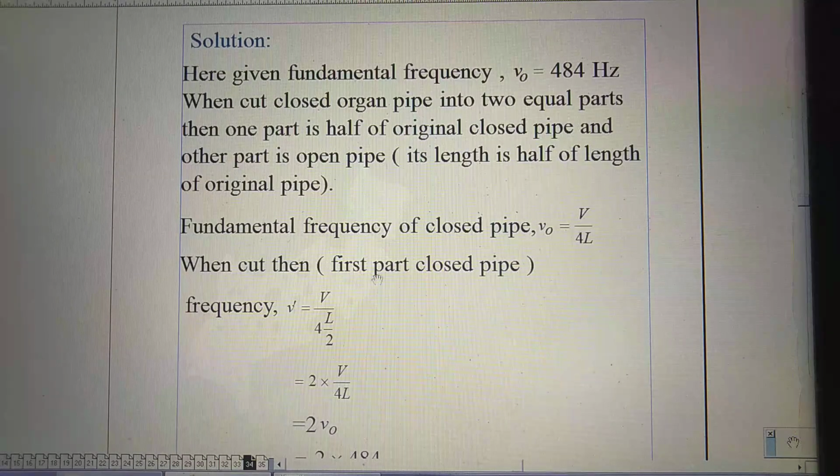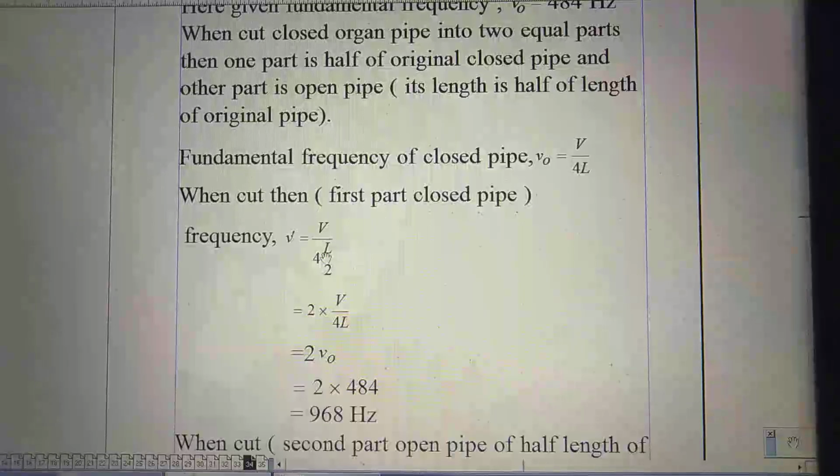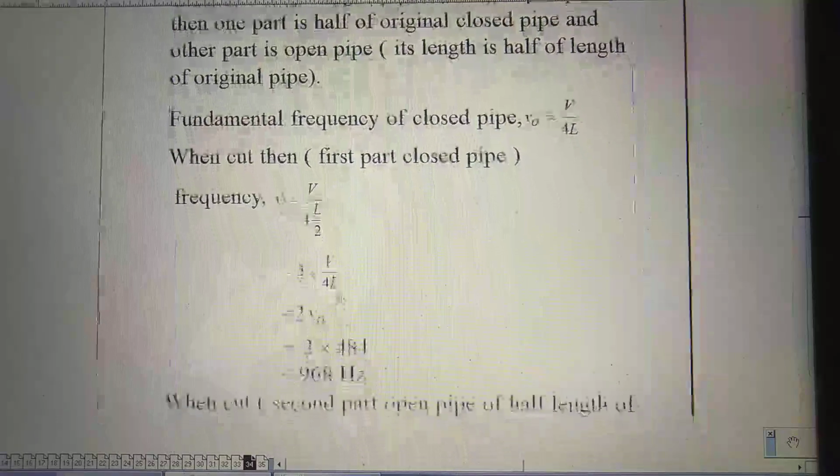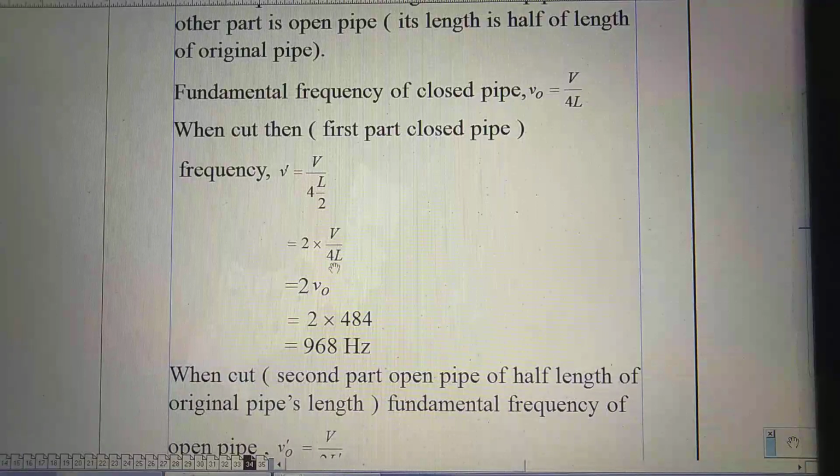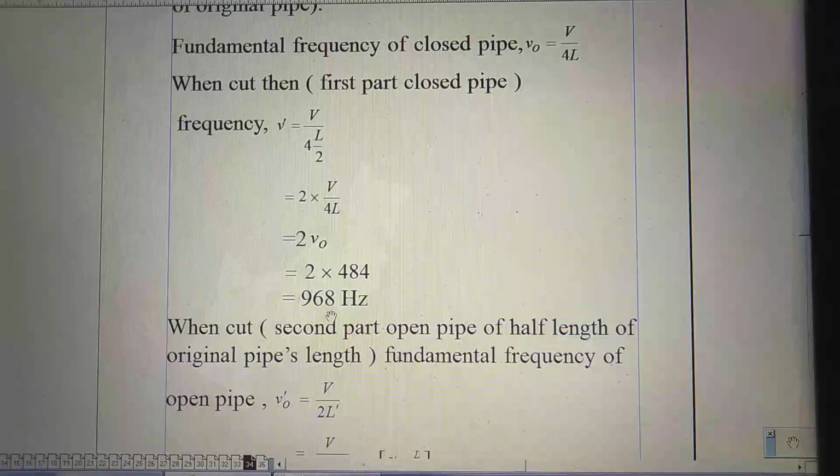When cut, the length will be L by 2, so 2 into v by 4L, and this v by 4L is the fundamental frequency nu naught. Inserting the value of nu naught, after calculation we find 968 Hz.